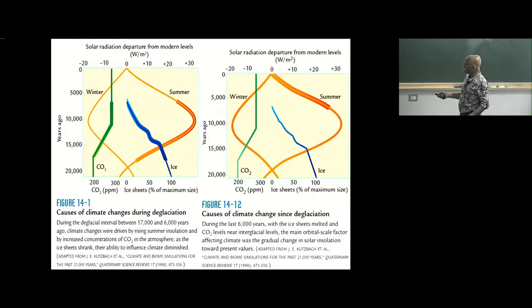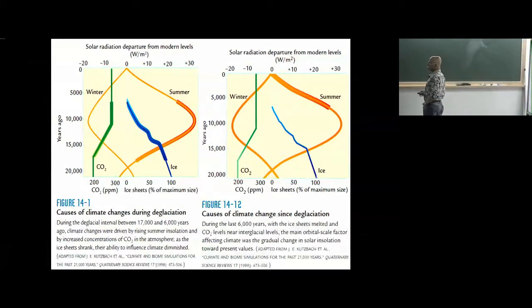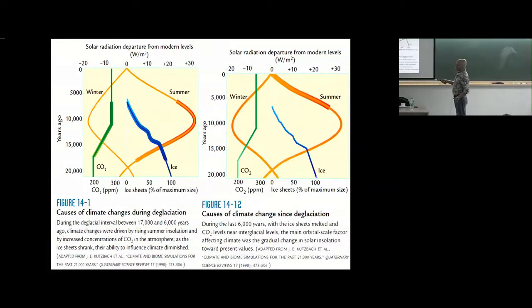Okay? So let's now look at the radiation changes during deglaciation, and this is since deglaciation. If you remember, the deglaciation happened from about 18,000 to about 6,000 years ago. The melting started around 18,000 years ago, and by about 6,000 years ago, all the melting had been finished. During that time, this increase in summer insolation was critical.